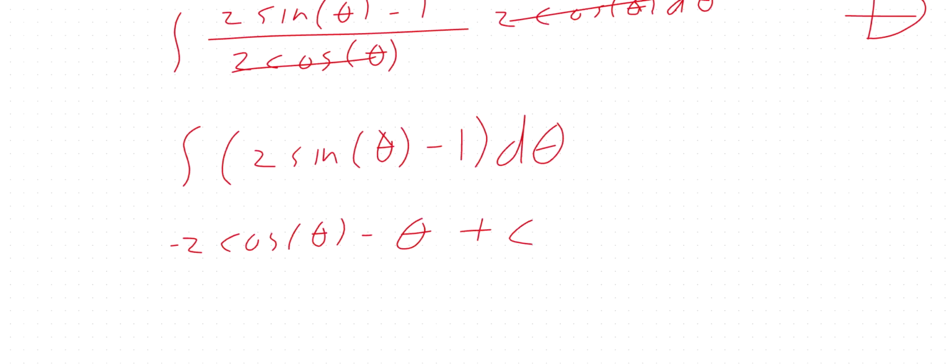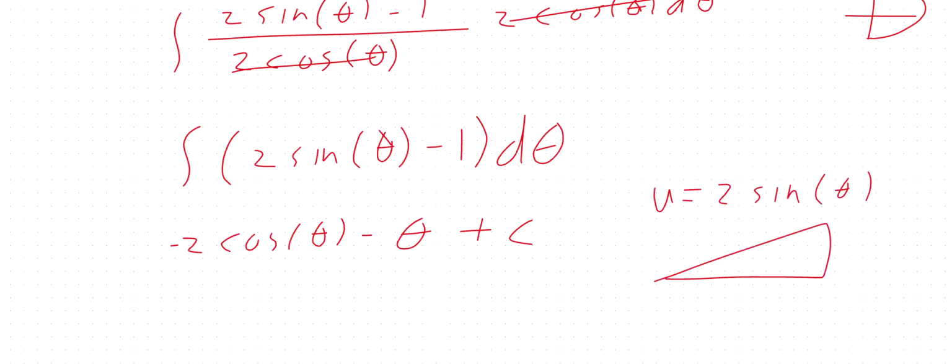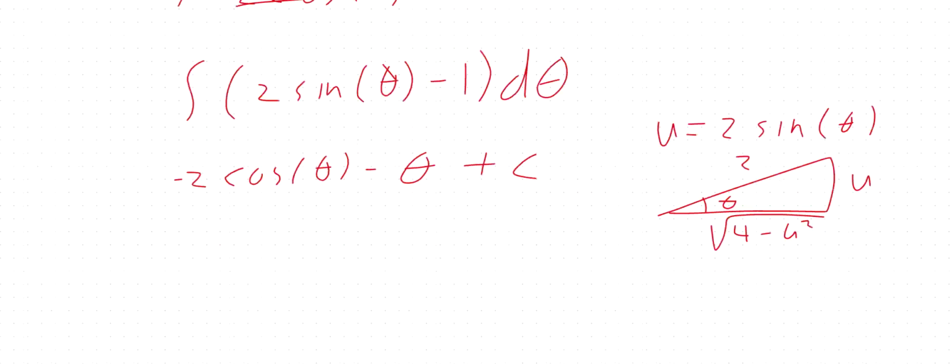But then our u was equal to 2 sine of theta. So drawing things out, there's our theta, opposite over hypotenuse. And so let's do a change of a negative 2 adjacent over hypotenuse minus an arc sine of u over 2 plus c.